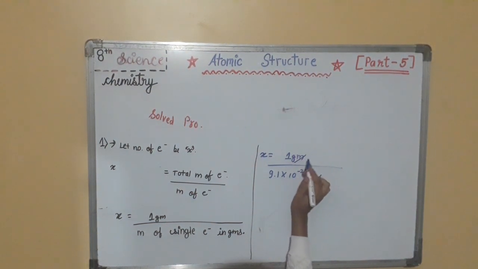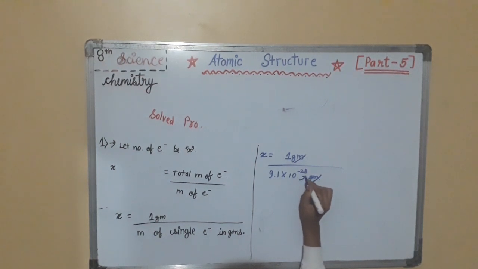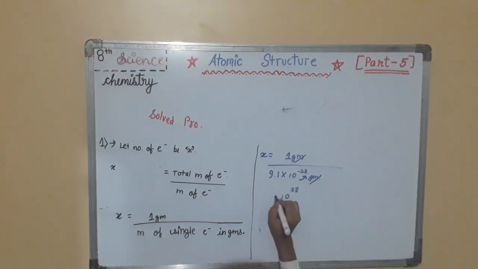Grams cancel. So 1 upon 9.1 multiplied by 10 raised to minus 28. After reciprocal, this will become 10 raised to 28 multiplied by 1 upon 9.1. So this is the value of x.